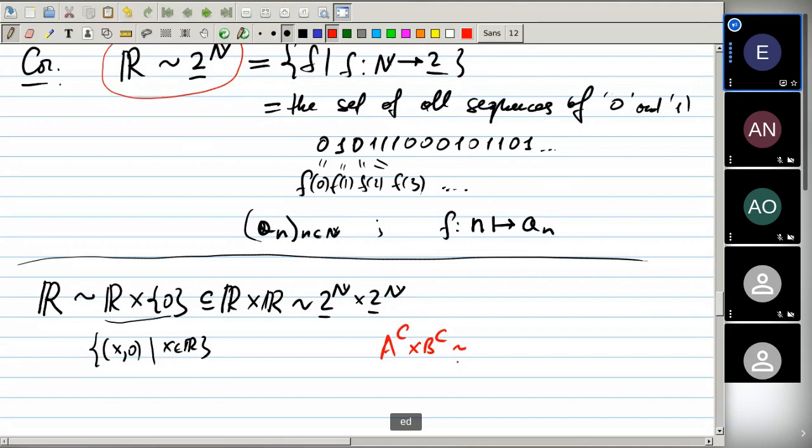Do you remember? It's a cross b to the power c. So it is what? 2 times 2 to the power n. Do you agree? Yes.